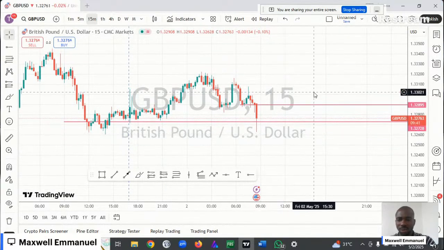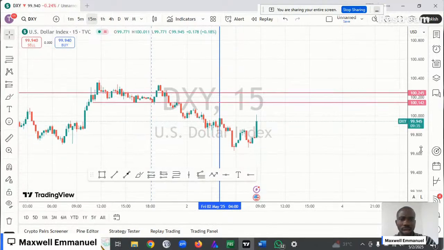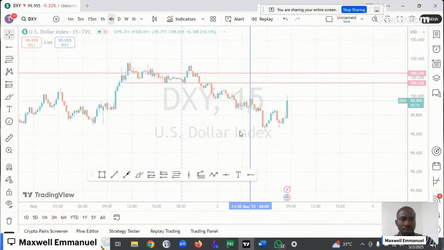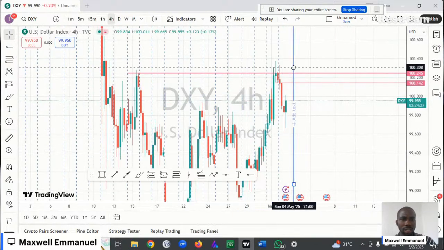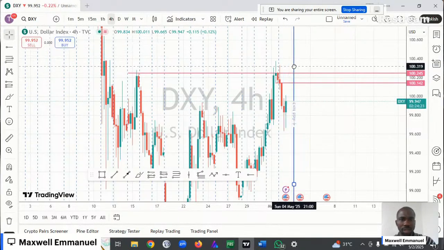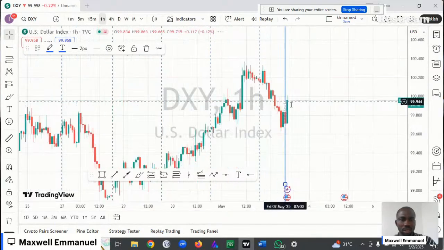Okay, let's see DXY. What's happening on DXY? This is the 15 minutes time frame. Let's start with 4 hour. On the 4 hour, you can see the previous candle was a hammer. Let's see 1 hour.